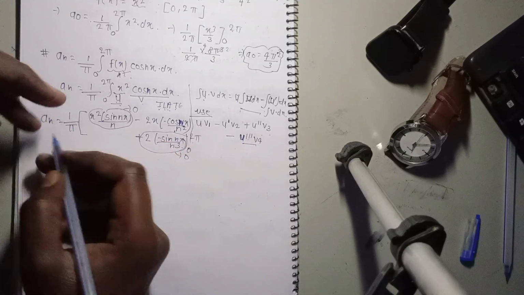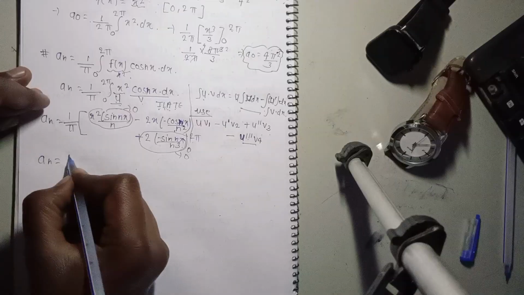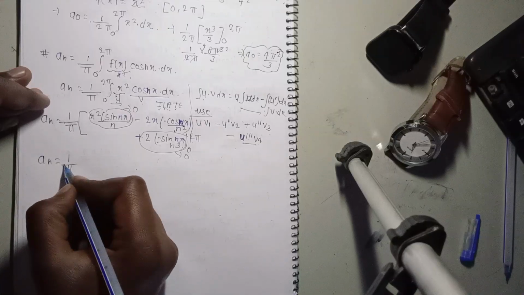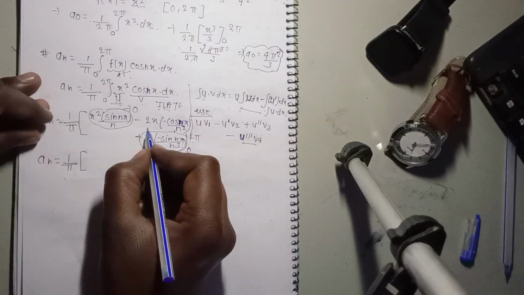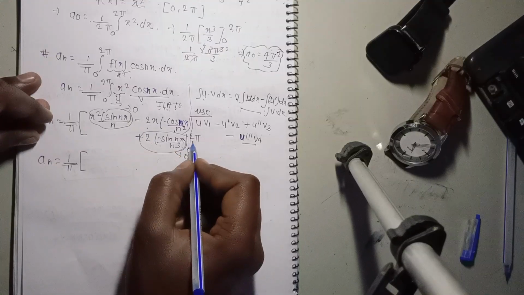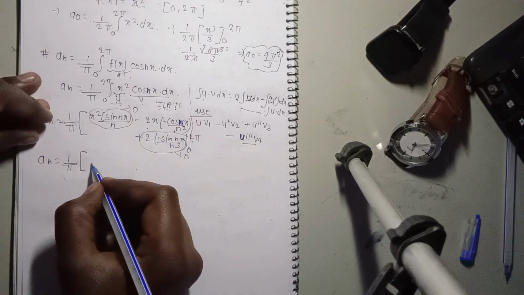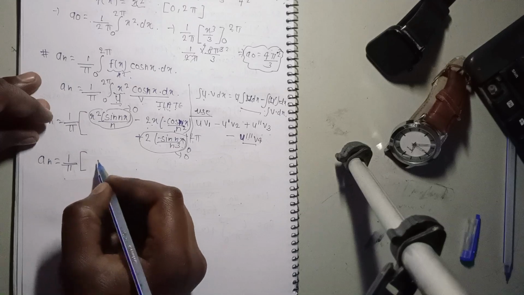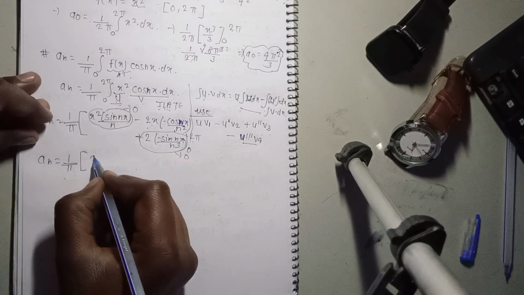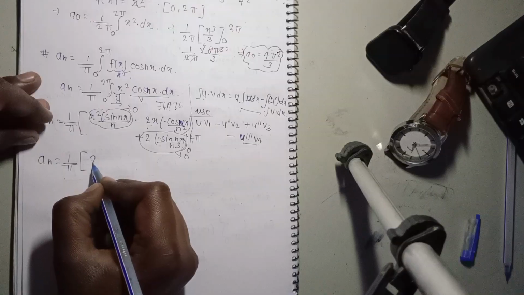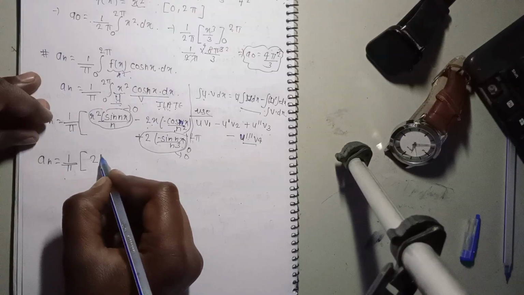So an is equal to 1 upon pi, 2x minus 2x, yes, so minus 2 into 2 pi.